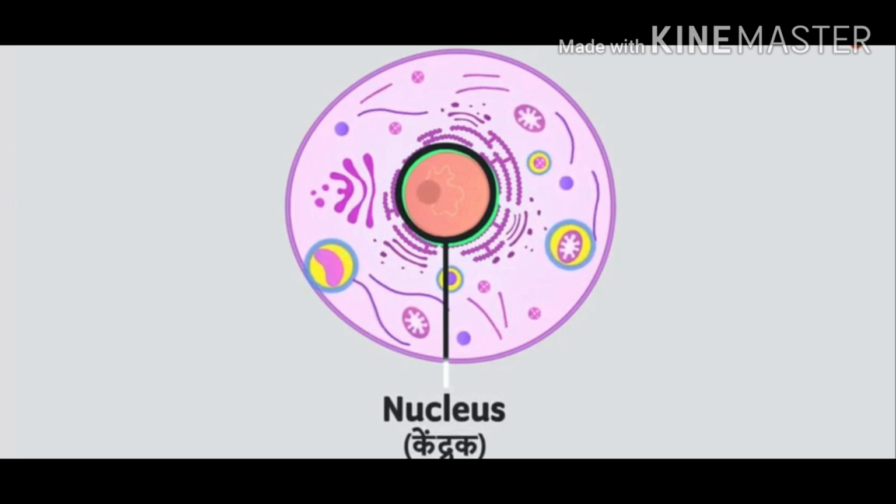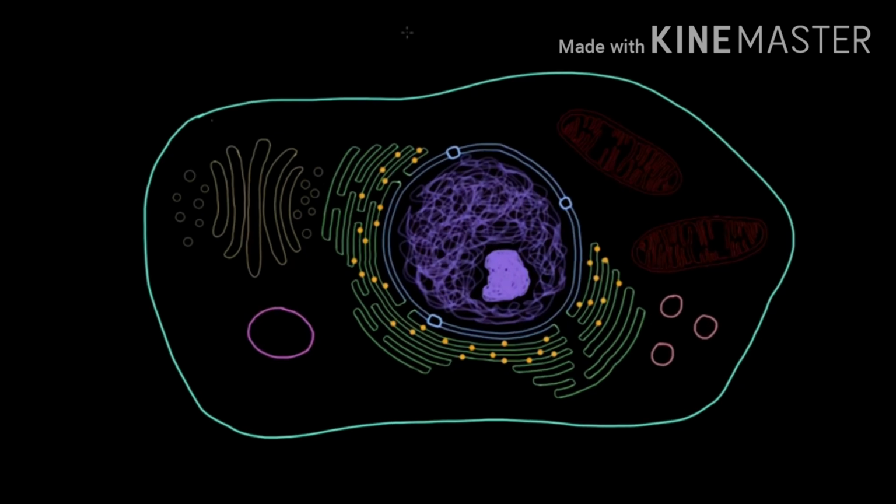Generally, one nucleus is present in a cell, but sometimes more than one nucleus is present. And in some cells, like mature RBC and sieve tube cells, the nucleus is absent. So the nucleus is not present in these cells.